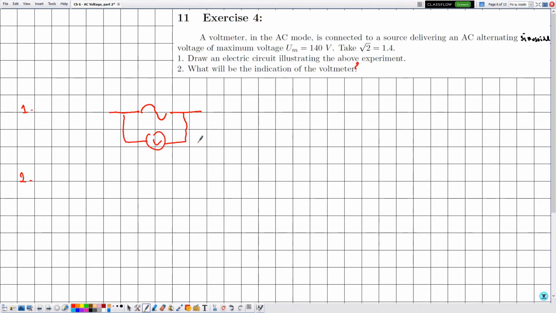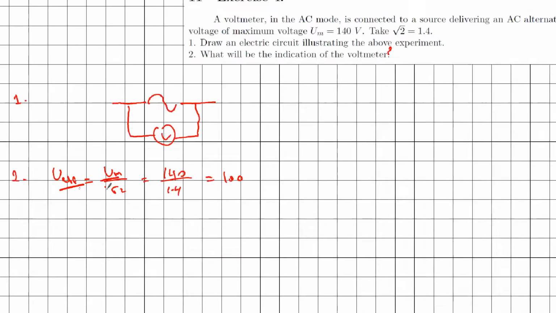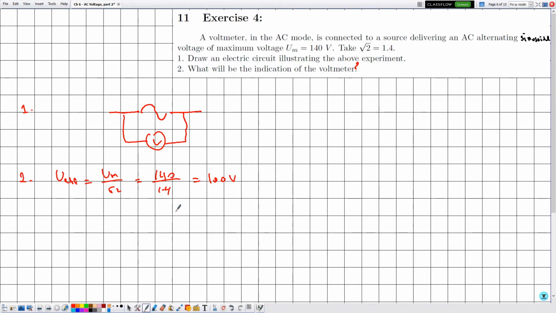So now let's calculate U effective, which is equal to UM divided by square root of 2, which is equal to 140 divided by 1.4. Now plugging this into the calculator, the value of the effective voltage is 100. Since UM is expressed in the SI, the value of U effective will be in the SI, which is volts. So U effective is 100 volts.